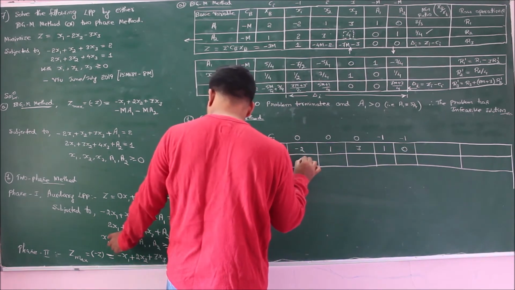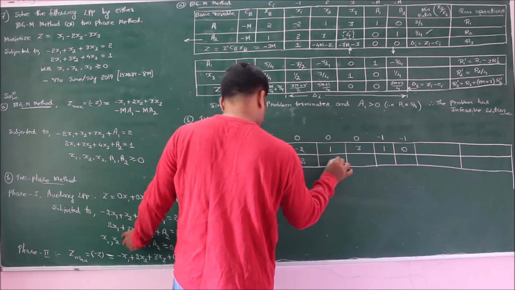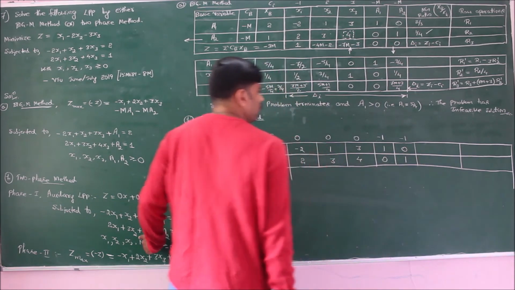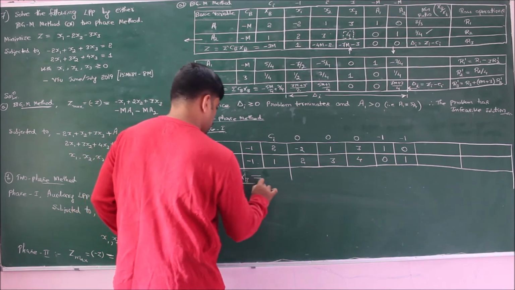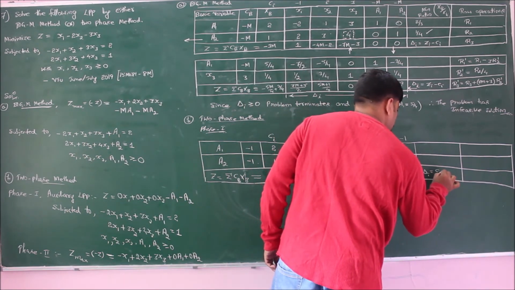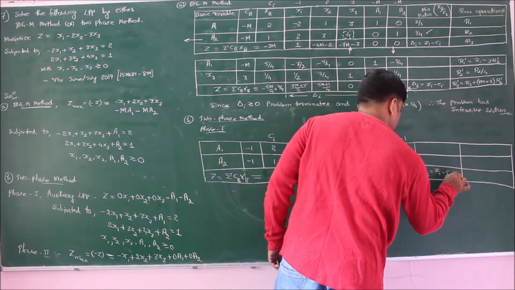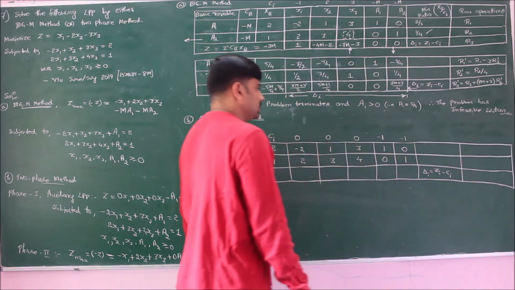Coming for second set, it is 2, 3, 4, 0 and 1. Now we should calculate the value of delta I, which is equal to Zi minus Ci, and the minimum ratio and row operations.